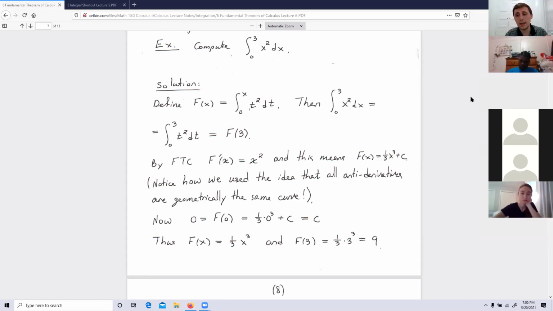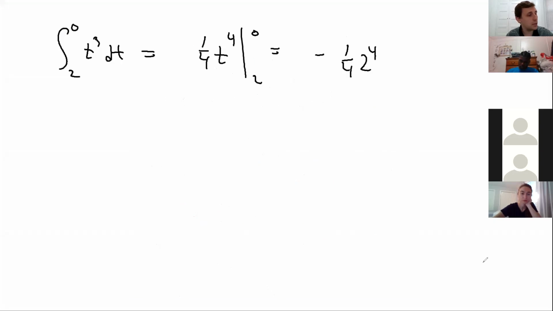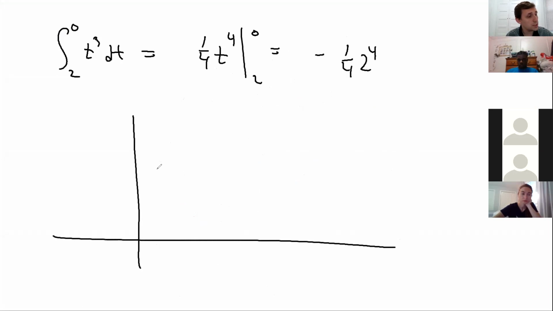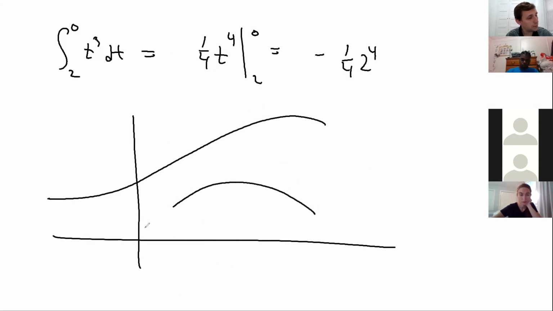For instance, let's try to draw that picture, guys, and I'm going to ask you if those two curves have the same derivatives. So here is one curve, and here is another curve. Do those curves have the same derivative?